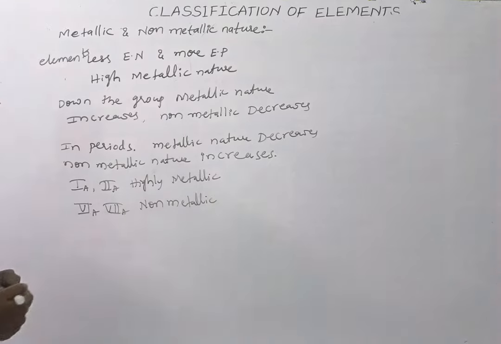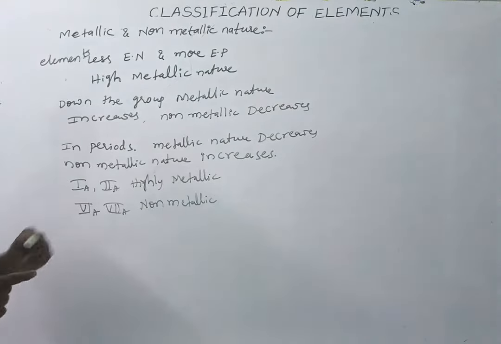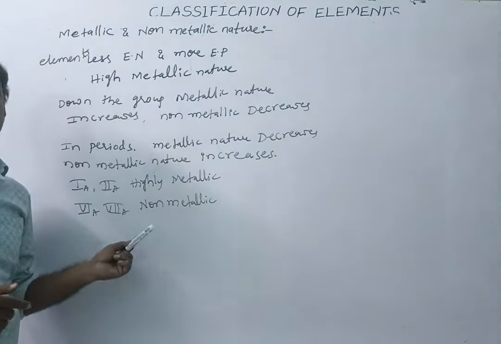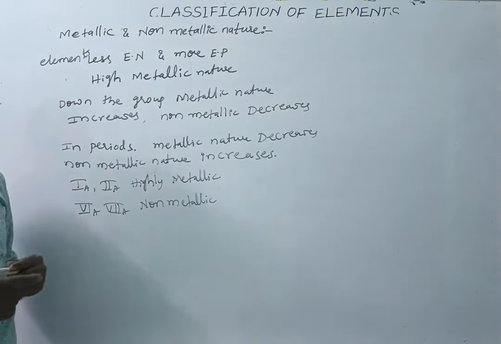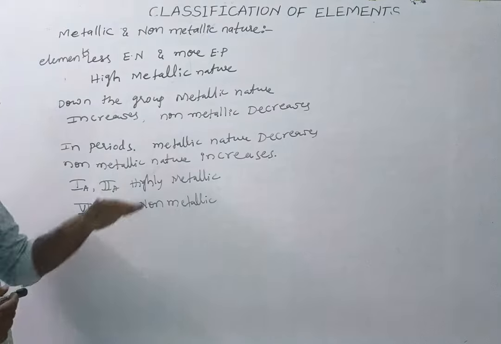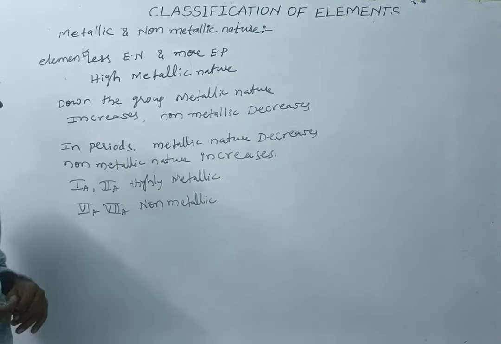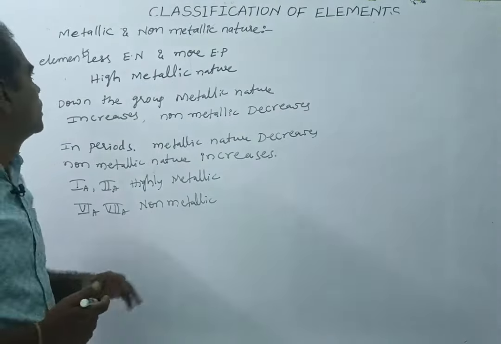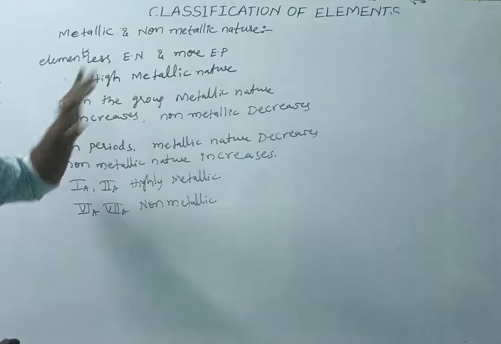Some elements show both metallic as well as non-metallic nature. They are known as semi-metals: silicon, germanium, antimony. This is about metallic and non-metallic nature.